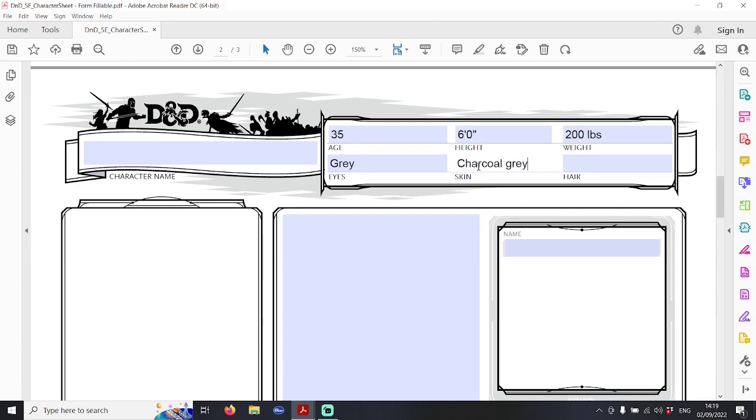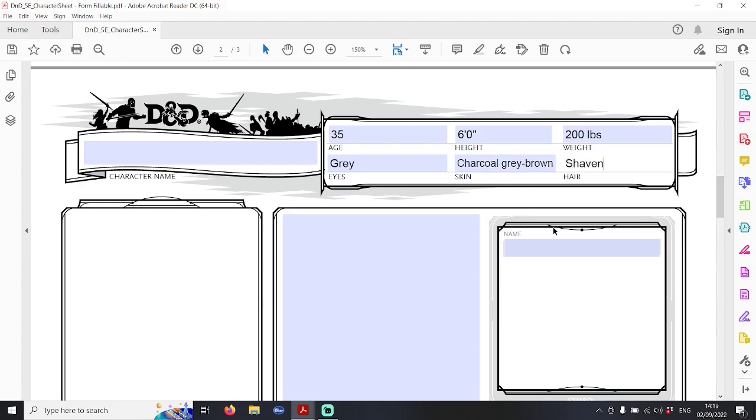I want a little bit of brown in there as well. I'm struggling to describe this colour. It's a grey brown. And her hair, I'm going to say that she shaves her head.